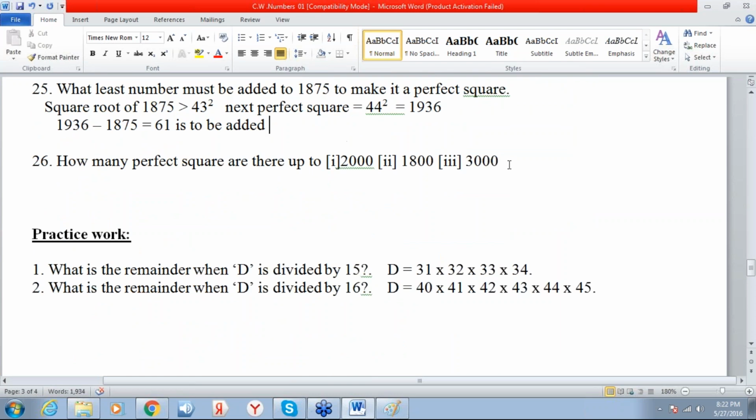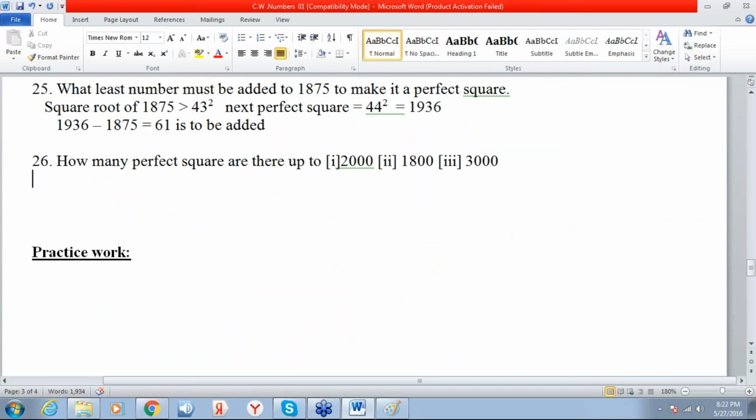Then this is also the same. How many perfect squares are there up to 2000, 1800, 3000? Just take the square roots of 2000, 1800 and 3000. How many perfect squares are there up to 2000? As 1936 is given, there won't be any perfect square up to 2000 beyond it.